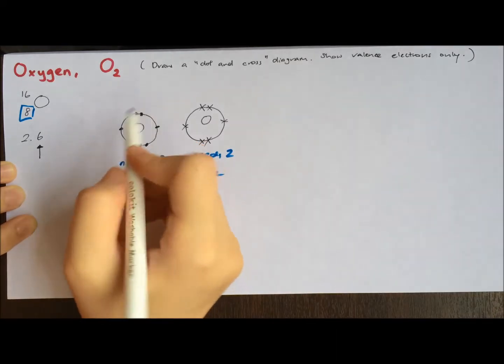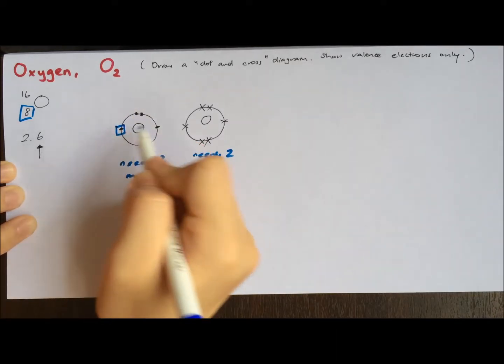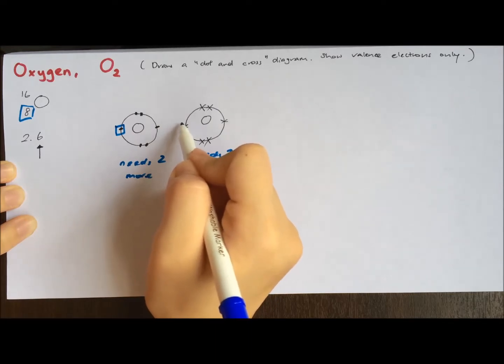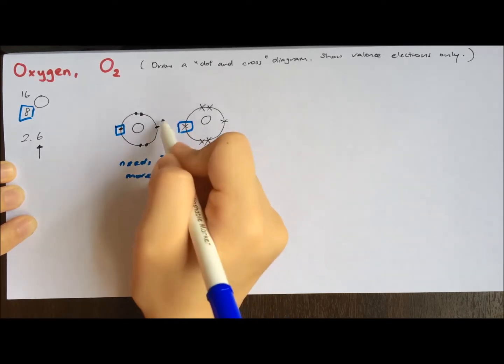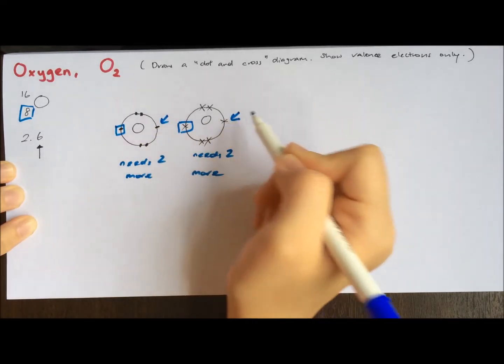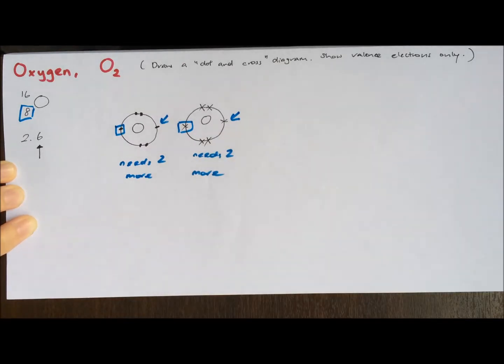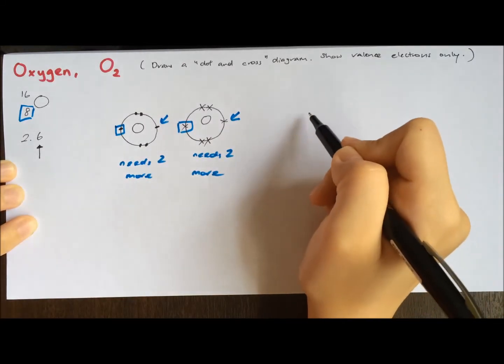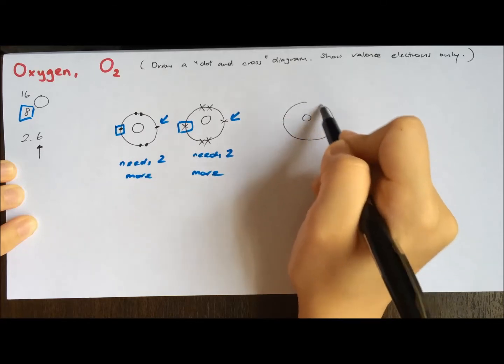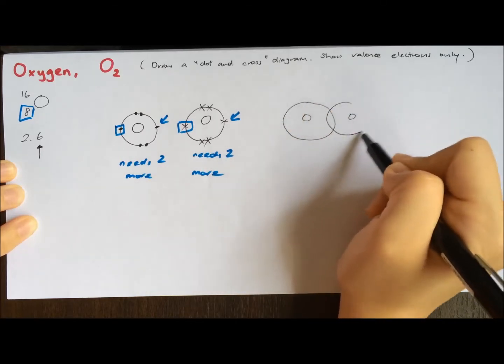So now we see which are the lonely ones. We have one lonely dot, which will join with one lonely cross. Then the other lonely dot will join with the other lonely cross. This is a covalent element, non-metal and non-metal, so we draw them overlapping.